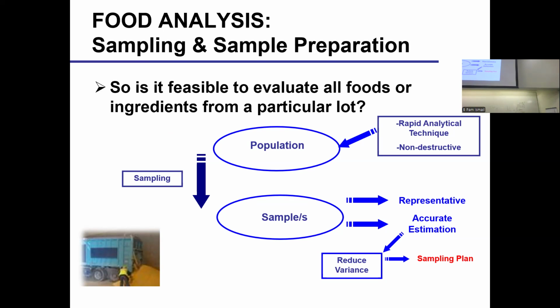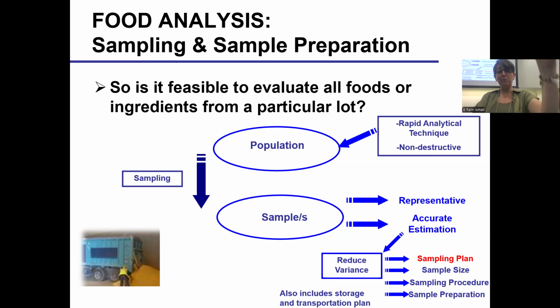Third, if I'm transporting the samples to the lab, how am I going to transport those samples to the lab that can analyze them? So it's a whole process. Your sampling plan is a whole process. It's not just taking out a sample. So really, sample size, sampling procedure, how I am preparing the sample, storage and transportation. All of this goes into the sampling plan.